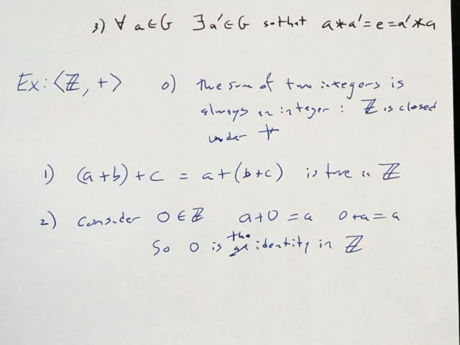Property 3. Now that I have an identity, does every element have an additive inverse? So this is a universal. To prove it, I need to consider an element a in my integers. What's the appropriate thing to add to that to get the identity? Negative a.